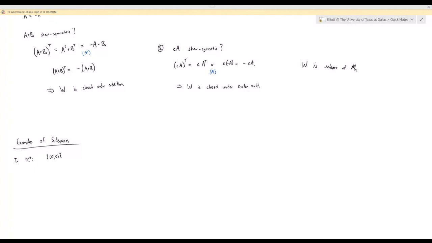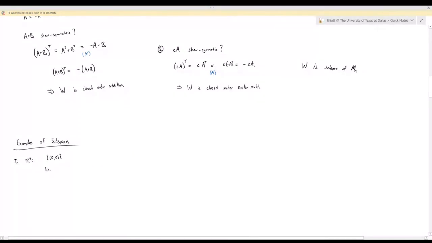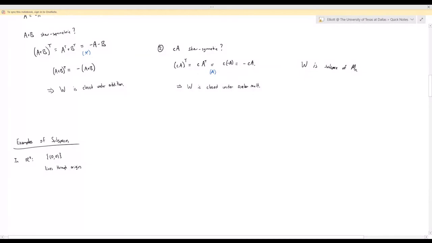In addition to the origin, any line that passes through the origin is also going to be a subspace of R2. And then R2 itself is a subspace of itself. I mentioned that earlier. For any vector space, the zero vector by itself and the space itself will always be subspaces.